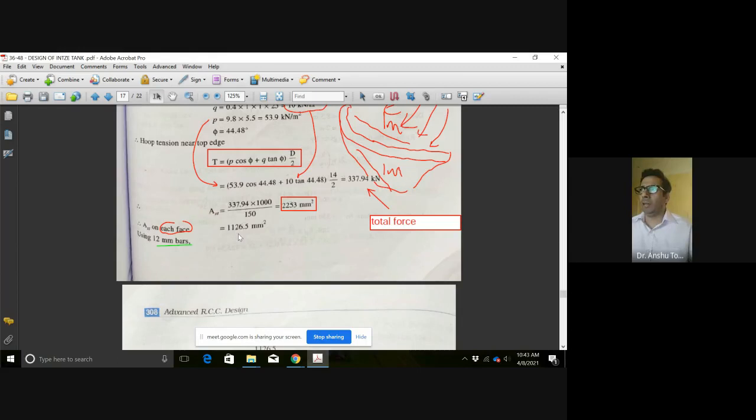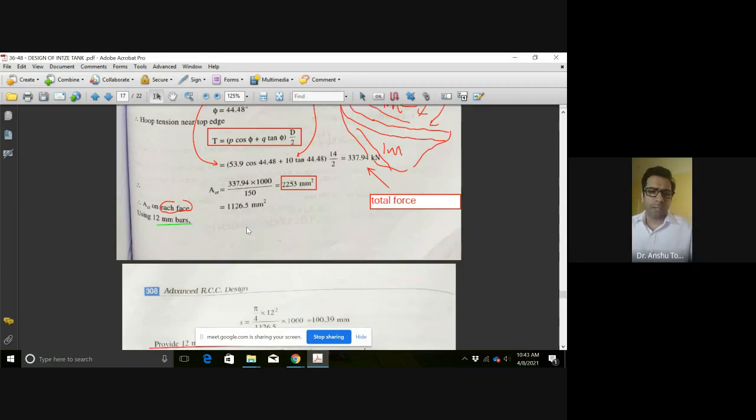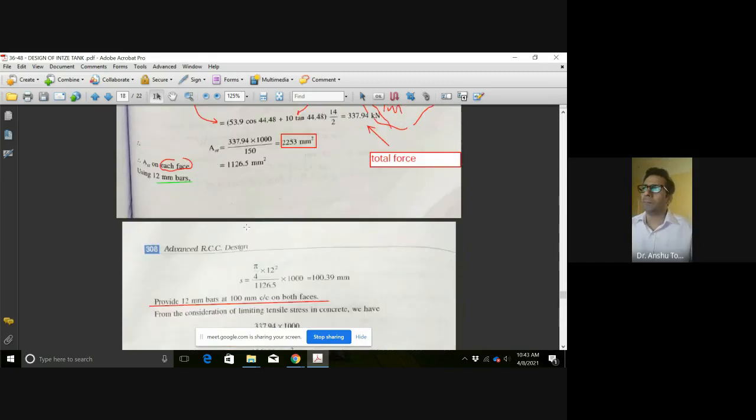So if I see, I can get 11 bars from here. 11 bars means 10 spacing. When I divide 1000 by 10, I get 100 mm. So that will be 12 mm dia bar at the spacing of 100 mm center to center.